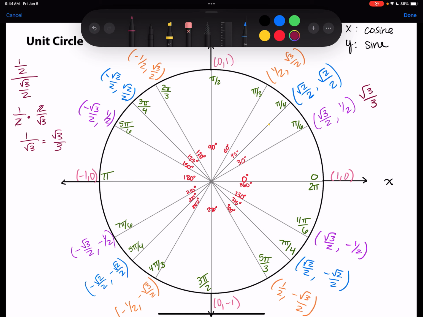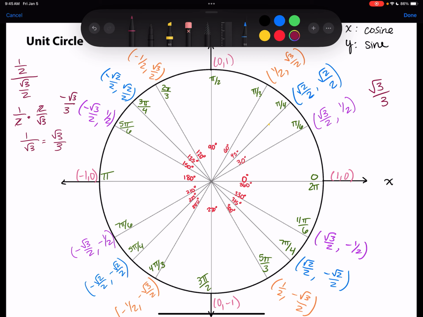Now, tangent is y over x. So on this side over here, both values are positive, so my tangent is positive. When I come over here, x is negative, y is positive, so that means my tangent is going to be negative. So it's going to be negative root 3 over 3.